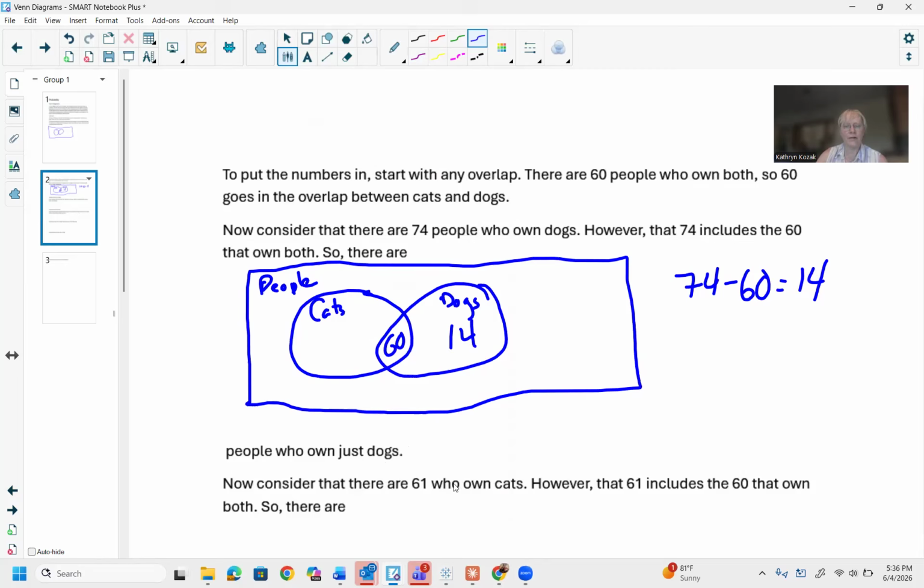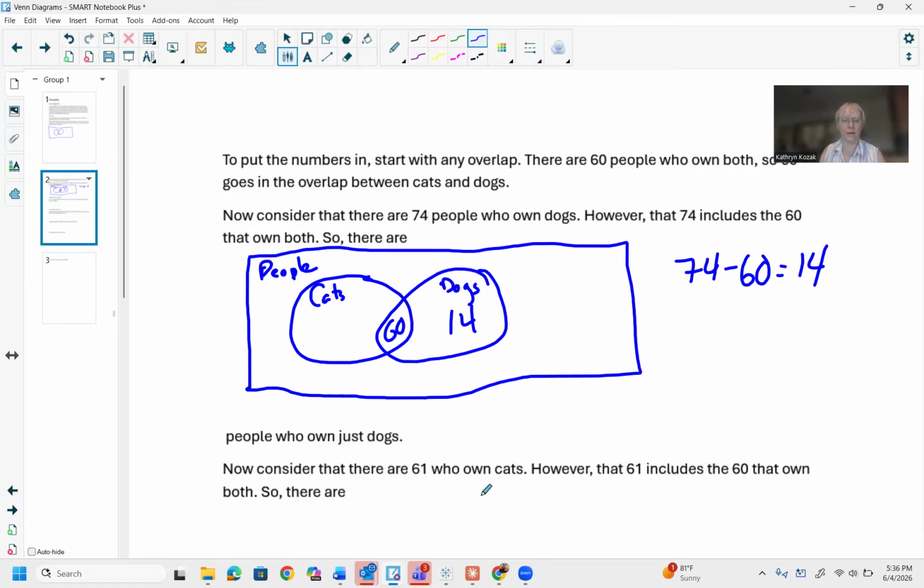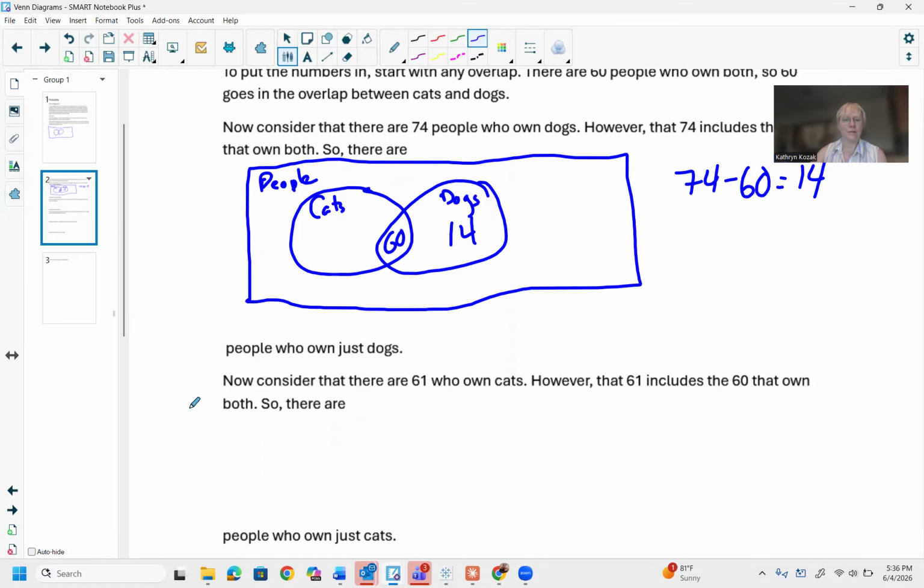Now consider that there are 61 who own cats. However, the 61 includes the 60 that own both. So there are 61 minus the 60 that we've already counted for, or one person who owns just cats.